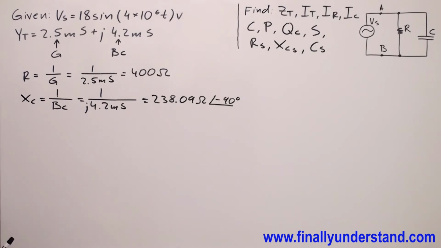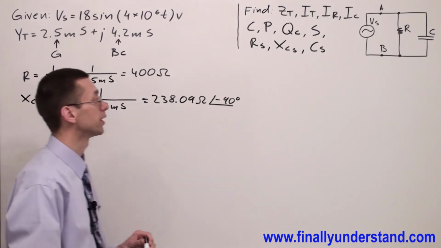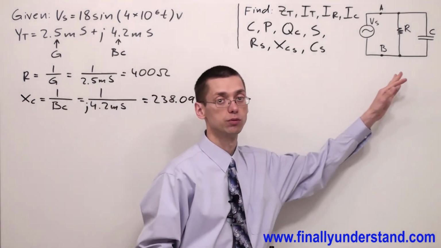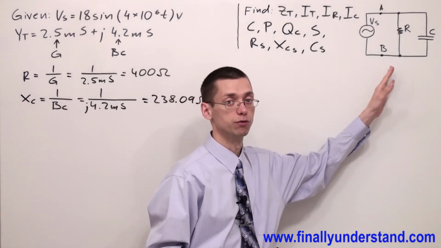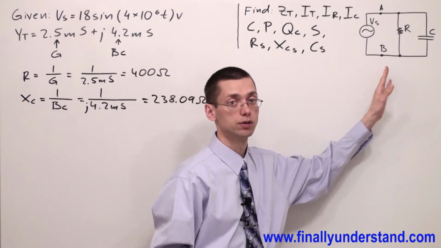Next, we're supposed to find total impedance. Total impedance I'm going to find from the formula which we used before, called product over the sum. Why?